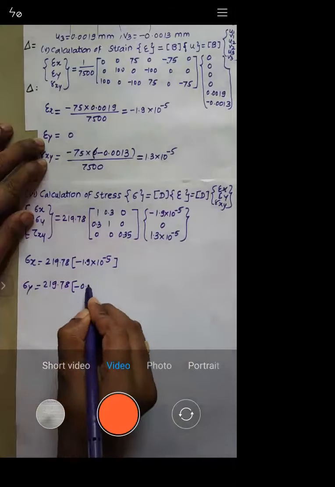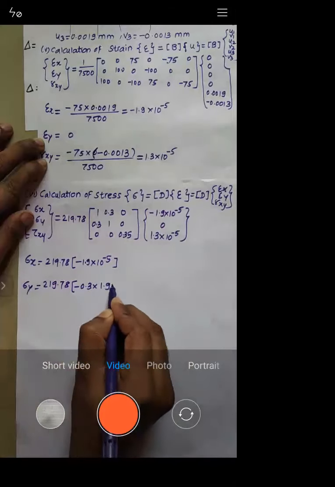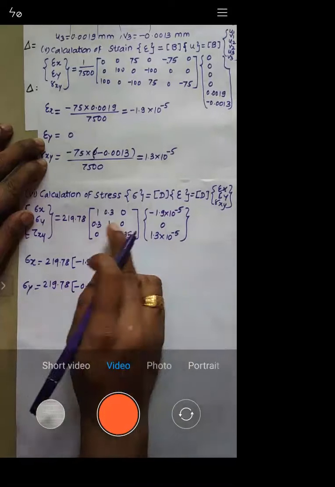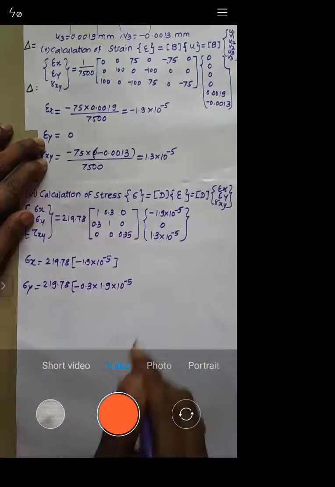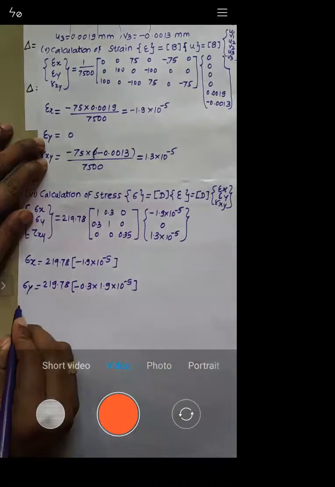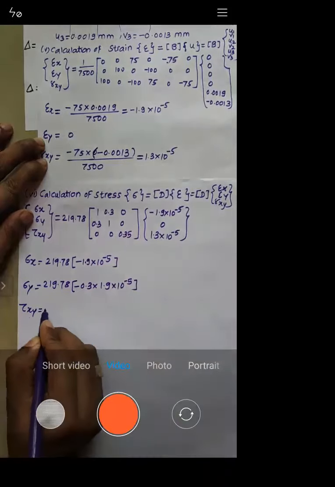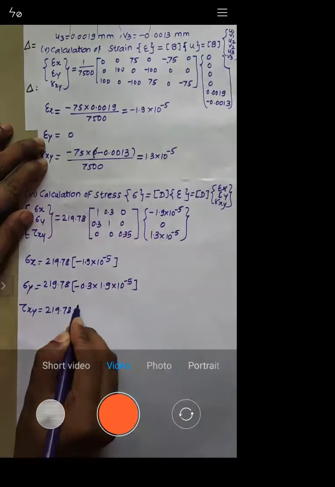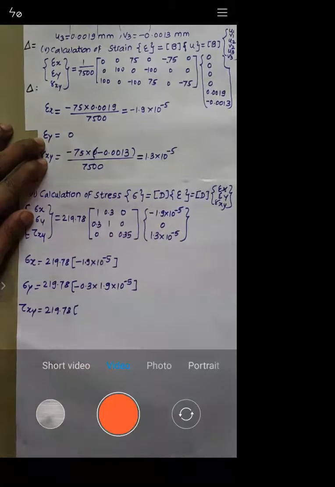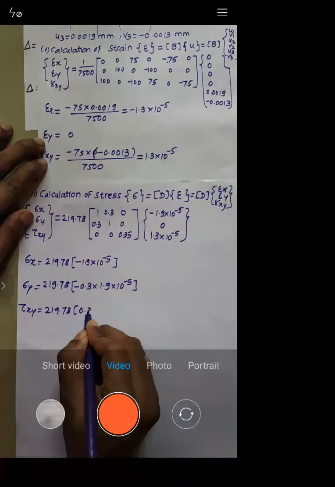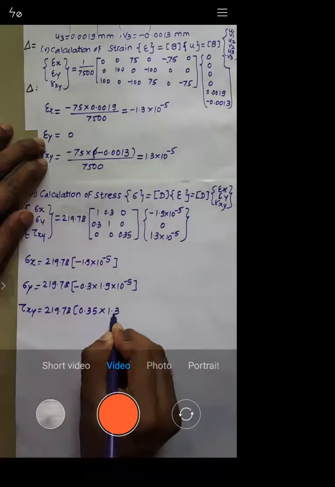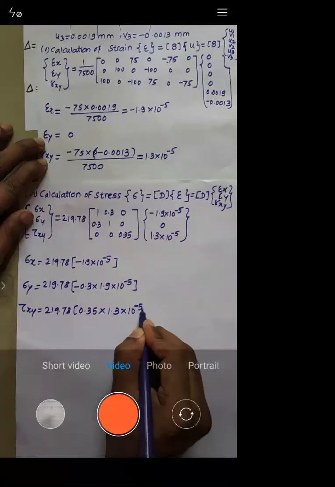So this is minus 0.3 into 1.9 into 10 raised to power minus 5. 1 into 0 is 0. This term is again 0, right? Similarly, tau xy. This is 219.78. Initial two terms are 0. So 0.35 into 1.3 into 10 raised to power minus 5, right?